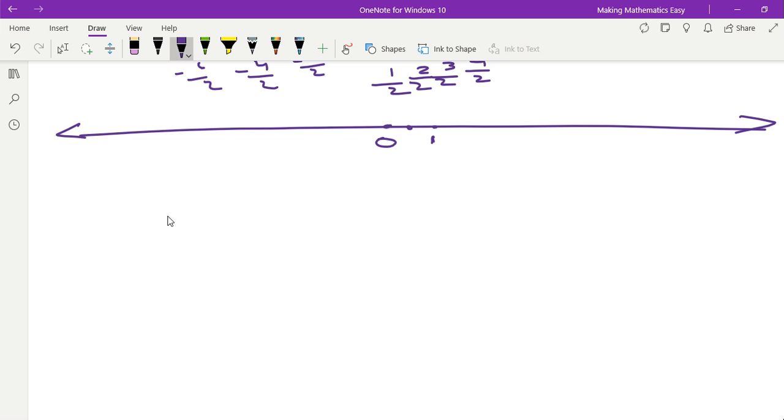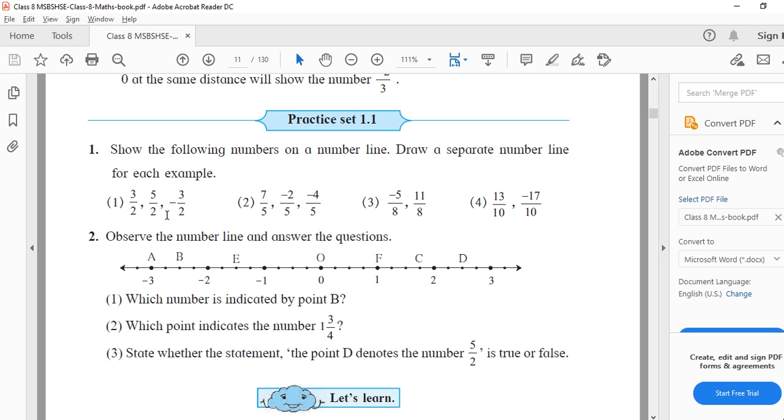So this will be my 1, this will be 2, this will be 3, this will be 4, this will be 5, and in a similar way on the left hand side, this will be -1, -2, -3.